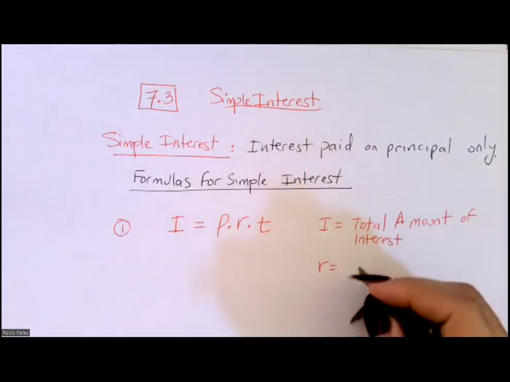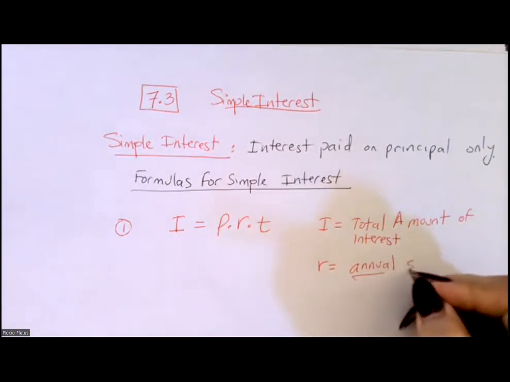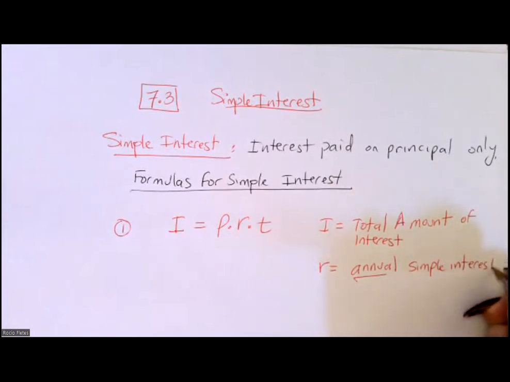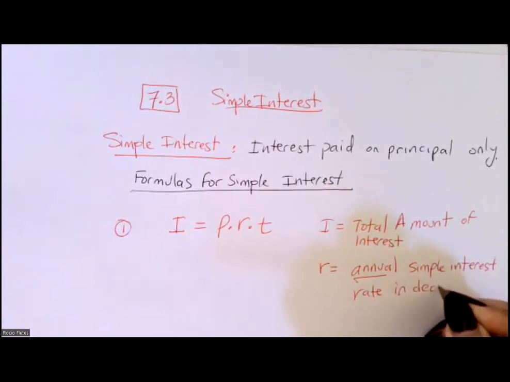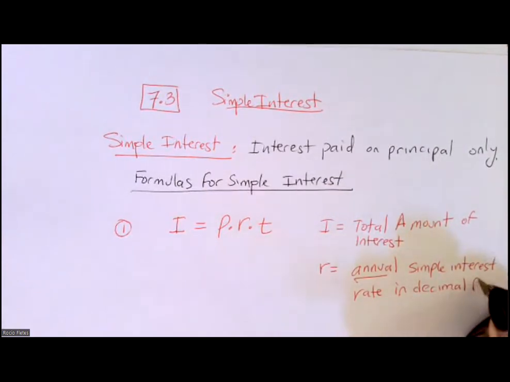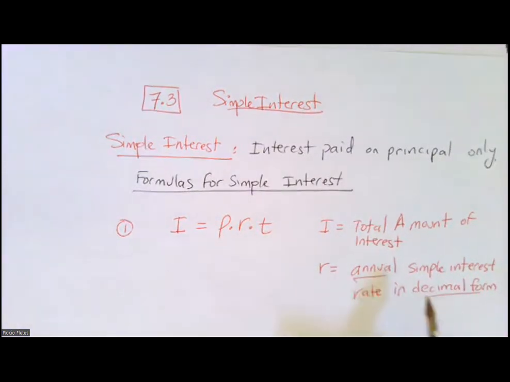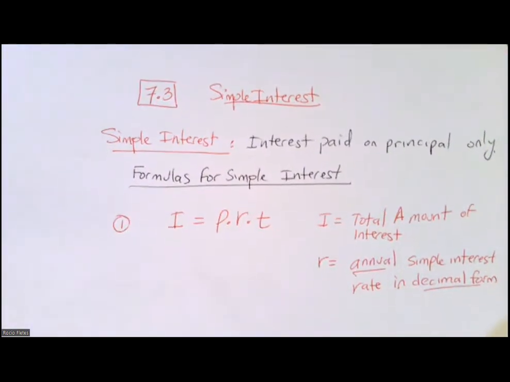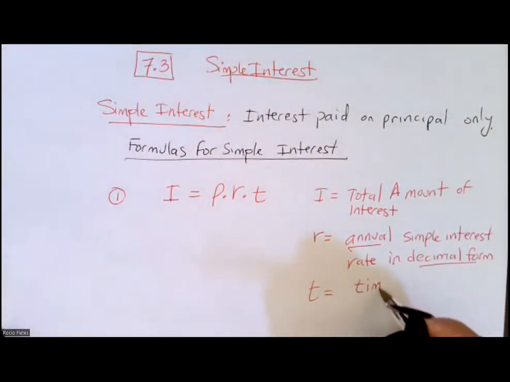R is the annual, okay, keyword annual, simple interest rate in decimal form. If you're going to plug it in when you use this formula, the R has to be written in decimal form, not in percent. And T is time in years.